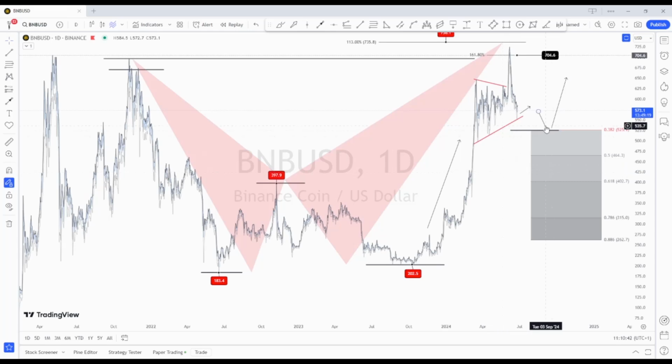Okay, so that's my opinion. We may enter a period of consolidation, but we don't know what will happen next. So let's observe for now.